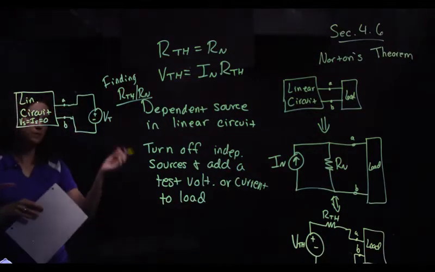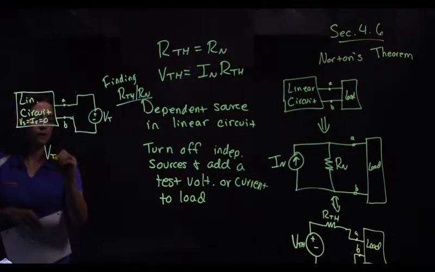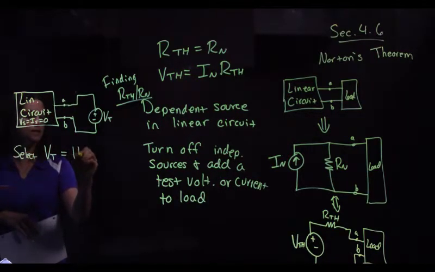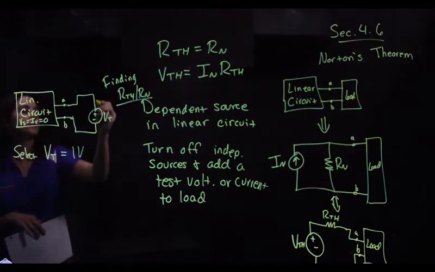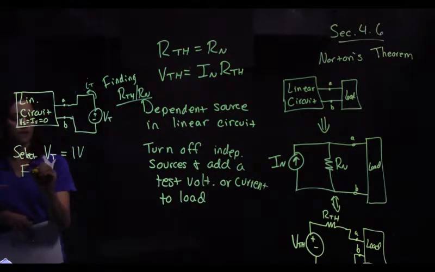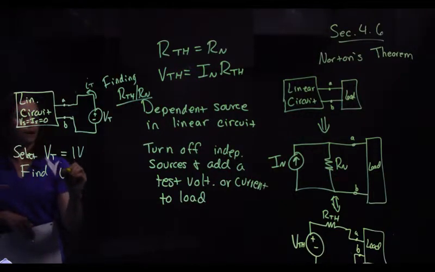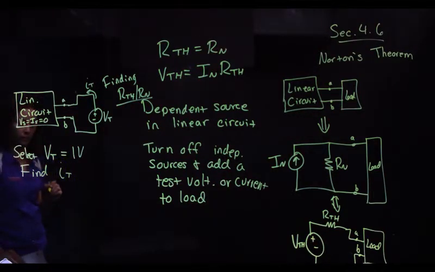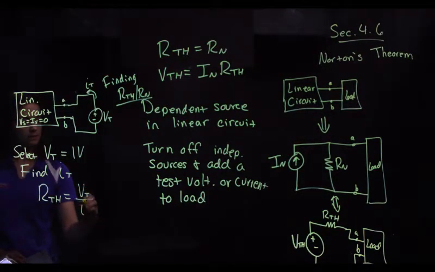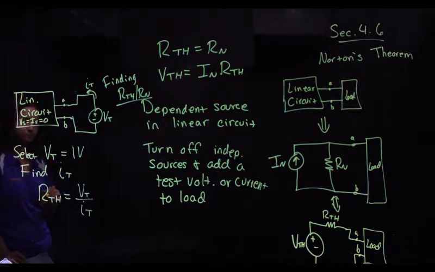Well, 0 would be great, but that wouldn't get us anywhere. So we can select our VT to be 1 volt. That's easy to work with. You can select that and then find IT. Using that, your R Thevenin will then be VT over IT.